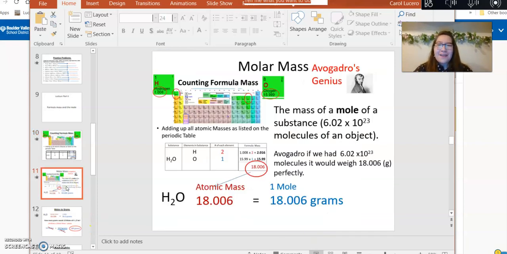So, something that's really cool about this formula mass is that this is also how many grams are in a mole of a substance. So this is a really cool thing that Avogadro kind of figured out with his mole number, his mole unit.